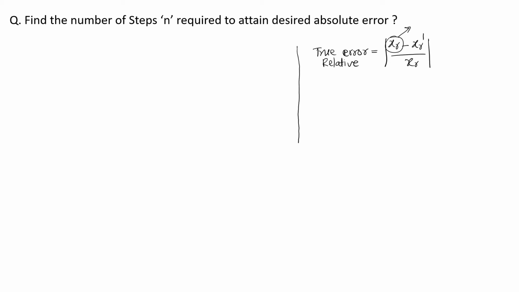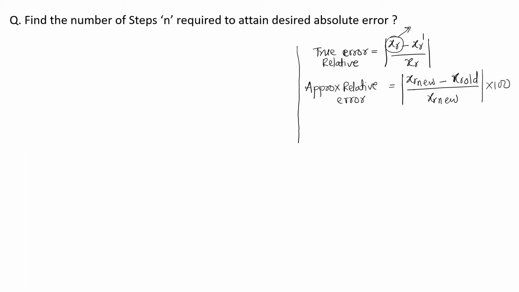If we know the true root value, then there is no point to calculate the root by using the bisection method. So there is another procedure to calculate the error, which is the approximate relative error, and this is calculated by new root, that is xr new minus xr old, divided by xr new, into 100.